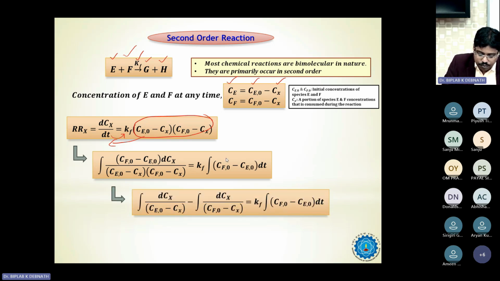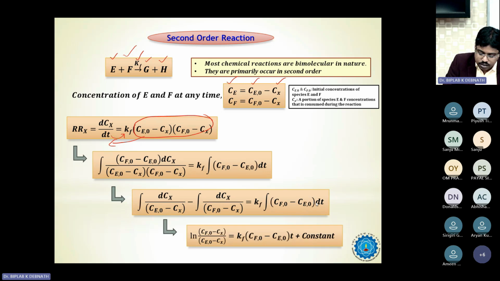Because then we can break it into two components. Here you see dCx divided by (Ce naught minus Cx) minus dCx divided by (Cf naught minus Cx), because if you do the subtraction, it will be Cf naught minus Cx minus Ce naught plus Cx. Cx cancels out, so you have Cf naught minus Ce naught. This is equal to Kf into this quantity.